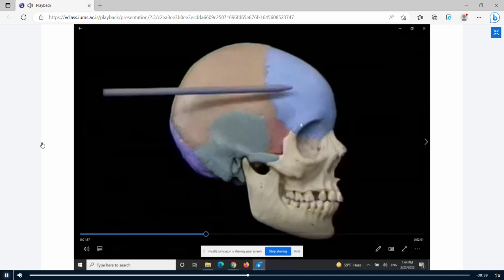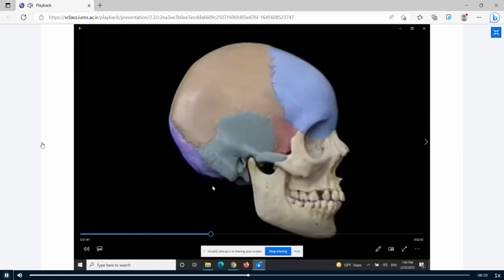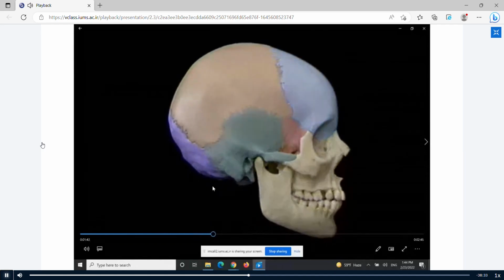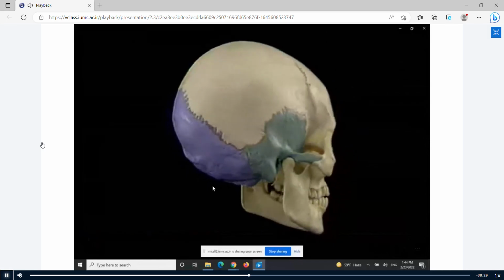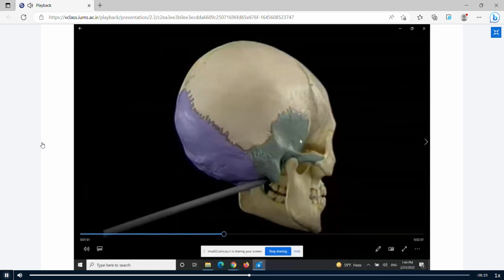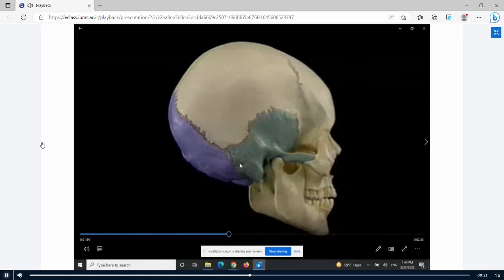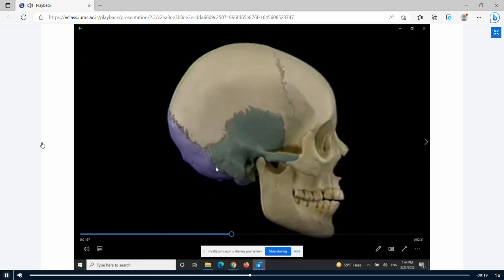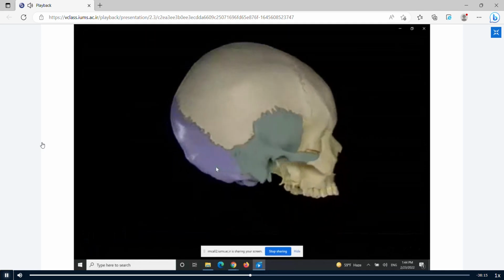The two bones of the cranium that we're concerned with at present are the occipital bone and the lower part of the adjoining temporal bone. To see the full extent of the occipital bone, we'll take the mandible out of the picture. The occipital bone extends all the way from here at the back to here underneath.